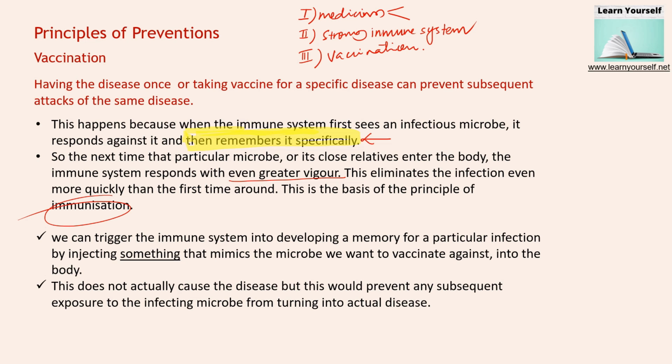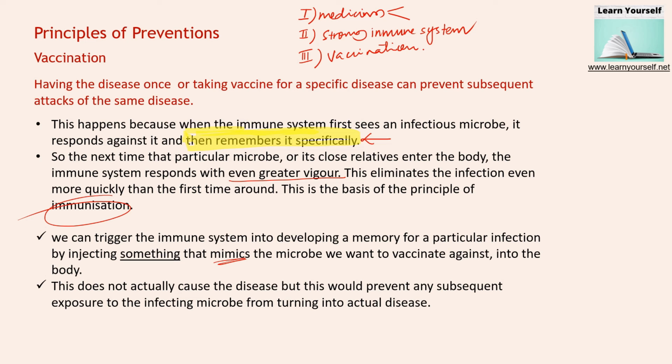We can trigger the immune system into developing a memory of a particular infection by injecting something that mimics the microbe we want to vaccinate against into the body. So a part of a virus or a dead virus, or something which belongs to that virus and mimics it, we will inject into a person's body. Our immune system will work toward that and store that response, so that in future if this kind of infection comes to the body, it knows how to respond.